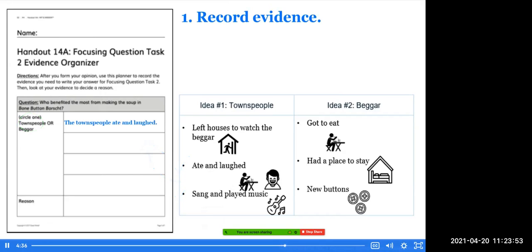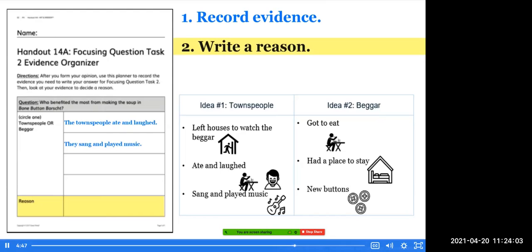The townspeople ate and laughed. They sang and played music. Now that I have my evidence, I can write down a reason.